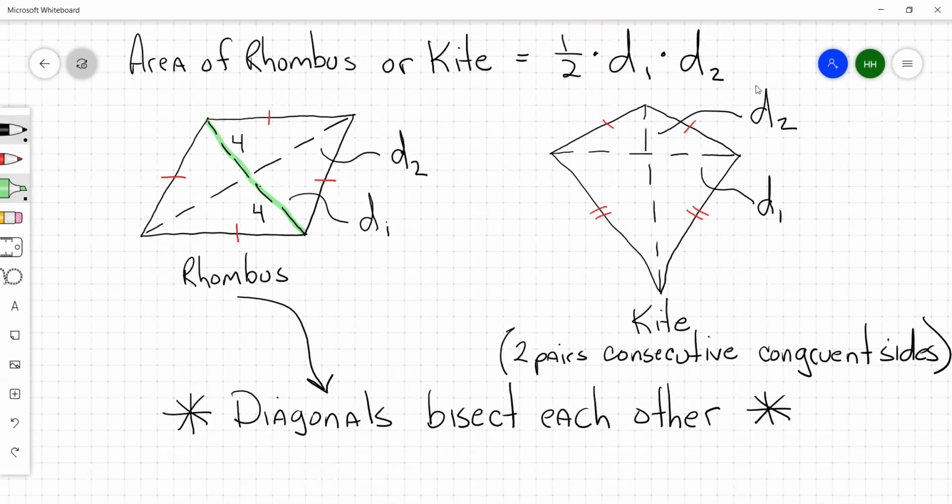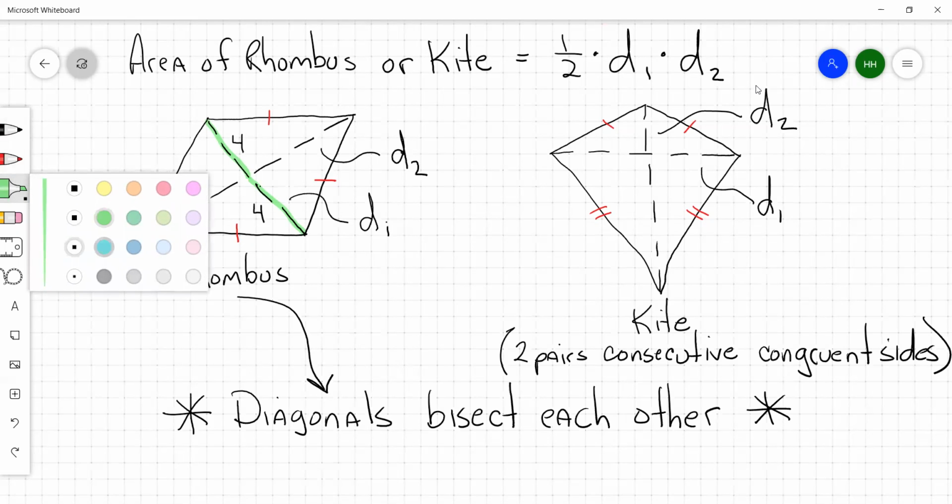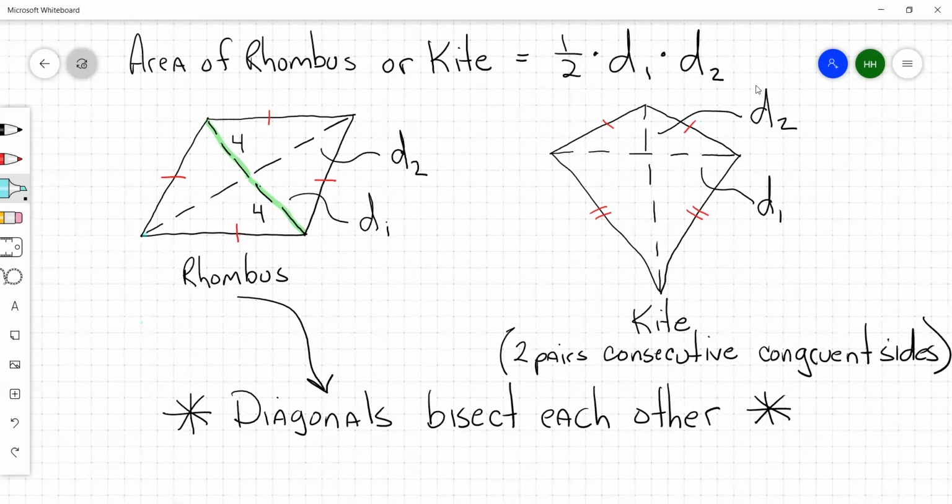It would be 8, wouldn't it? And this piece, go blue. If this piece right here was 6, then what would this other blue piece be? It would be 6. And what would that entire diagonal be? It would be 12, wouldn't it?